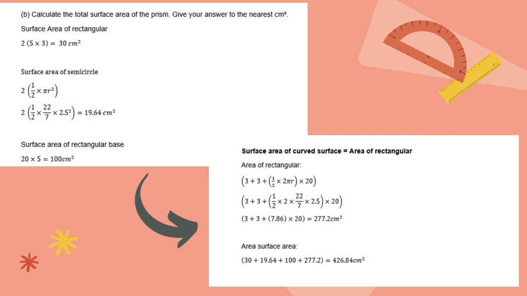When we get the area of the rectangle, we total up all of the answers. So the total surface area is the surface area of the rectangle plus the surface area of the semicircle plus the surface area of the rectangular base plus the area of the rectangle. Then after we total up, we get the answer in cm cubed.